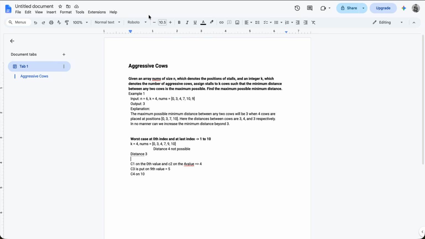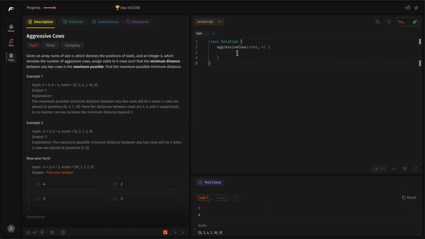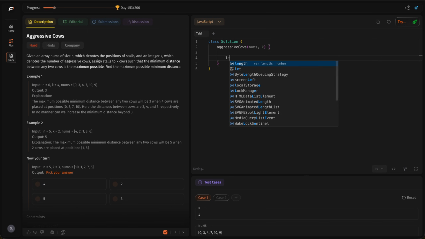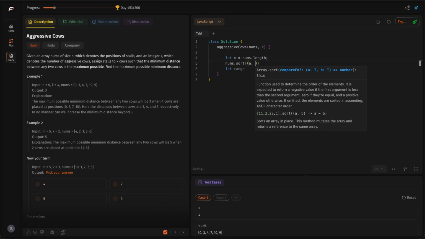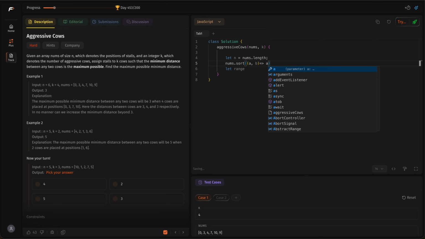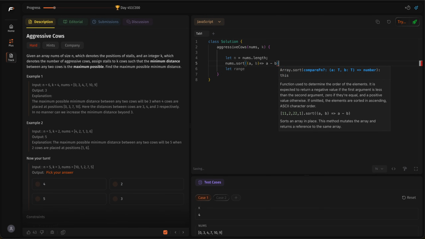So I'll just go and write down the code. Over here we have aggressive cows. Let's take the length of this array, nums dot length. Over here I just took the length of this array. I just have to take the range also. Before taking the range, I just have to sort the array: nums dot sort (a, b) => a minus b.